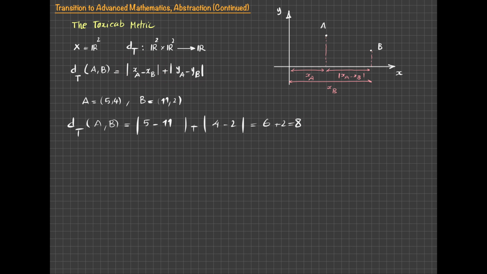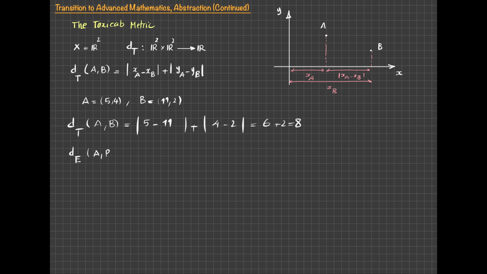But of course, you can see that the Euclidean distance is not 8. So let me also calculate the Euclidean distance, for refreshing our memory. Let me equip my metric with E for Euclidean.